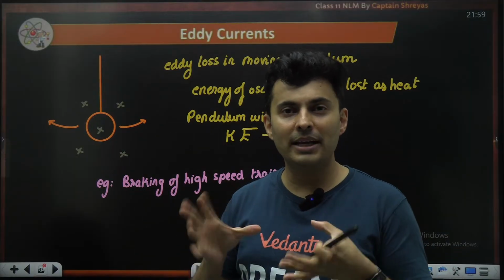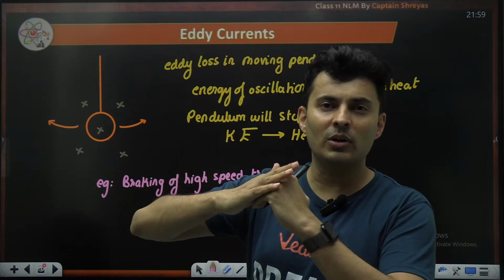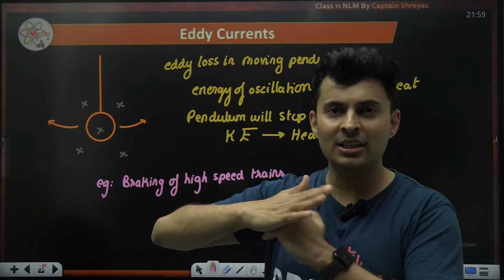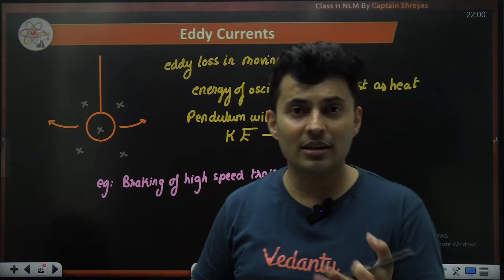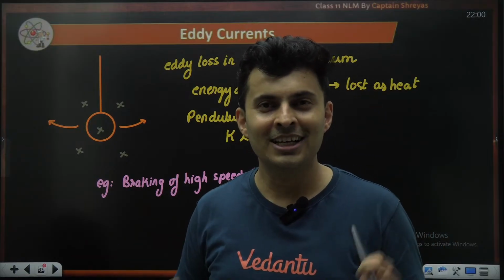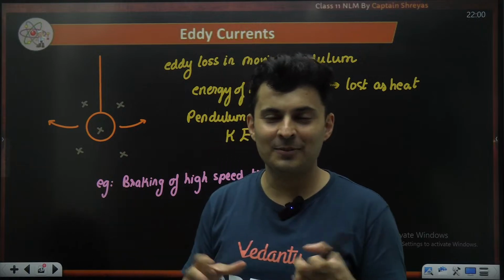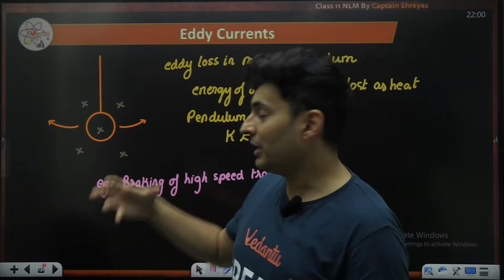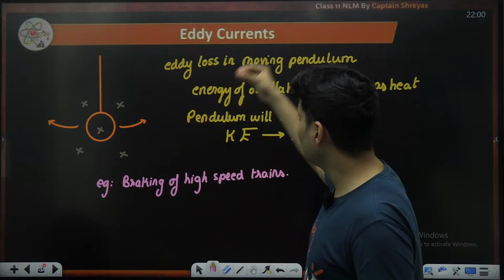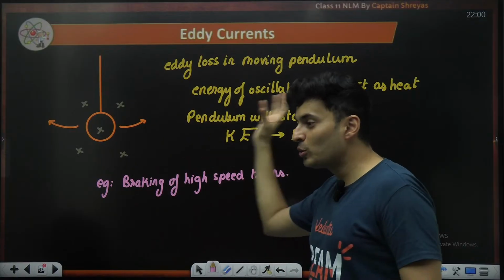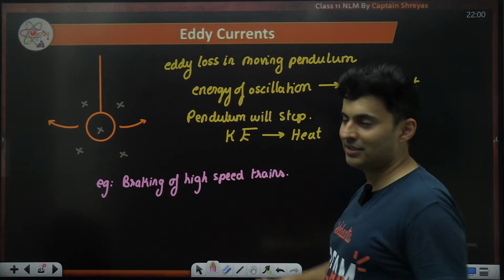Usually we think when you brake a wheel, you are touching some rubber on that surface, so because of friction, it will stop. Here, there is no friction that you are encountering. You're just bringing a magnet close by, they are not even touching. The induced currents are creating those eddy losses, which lose the kinetic energy and convert it into heat.